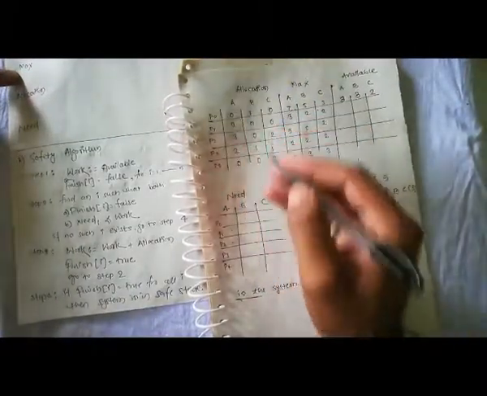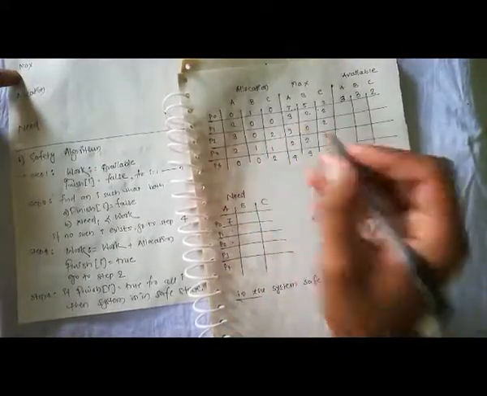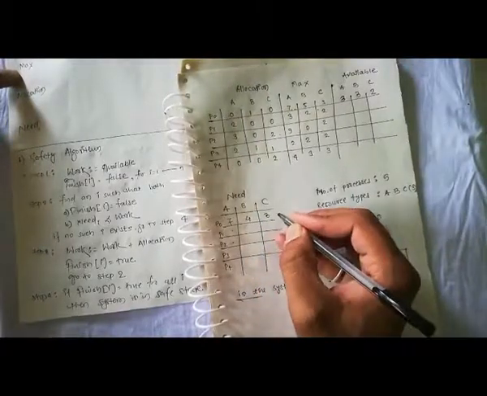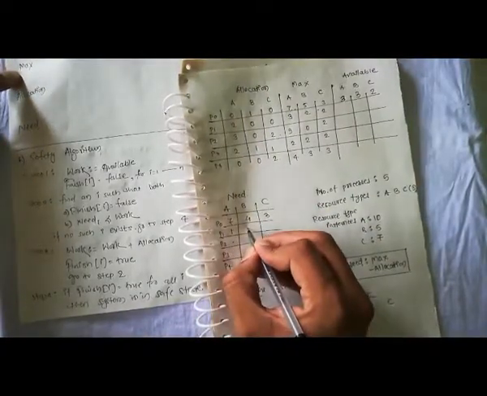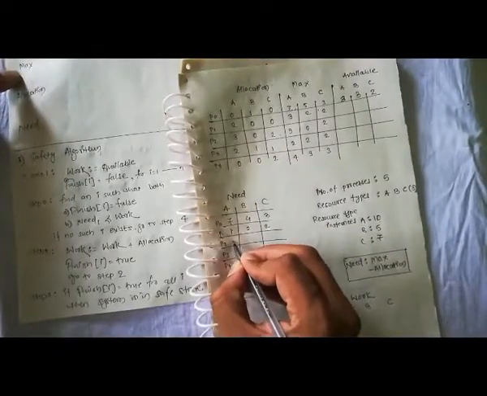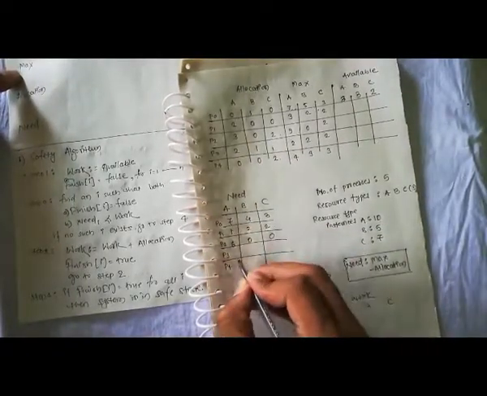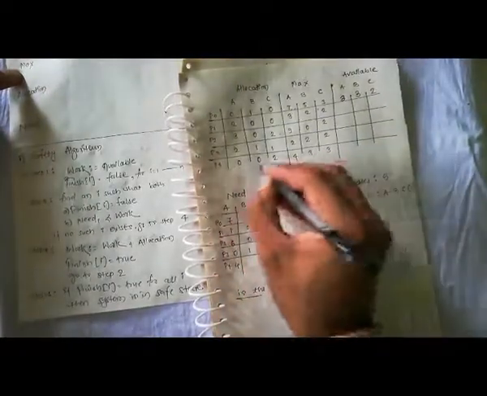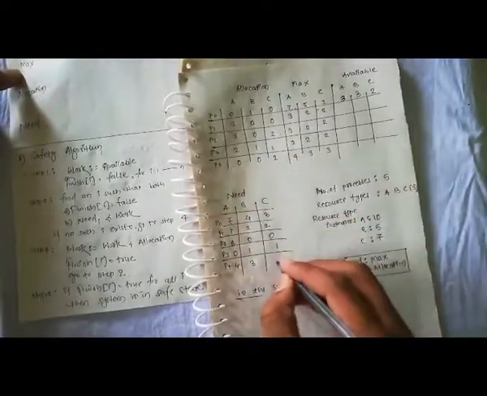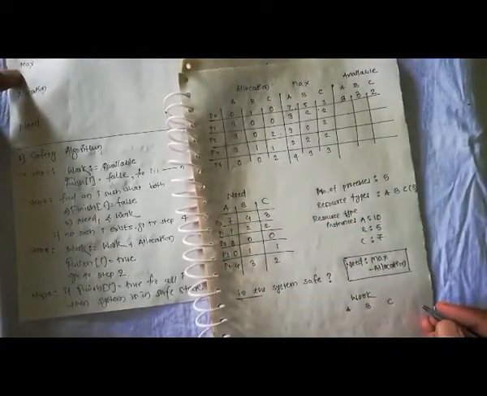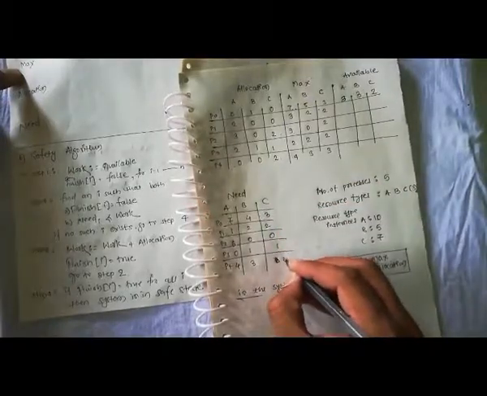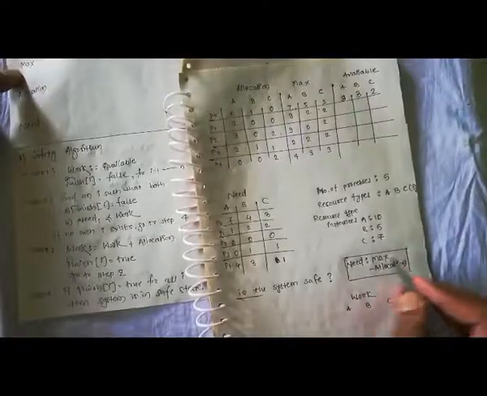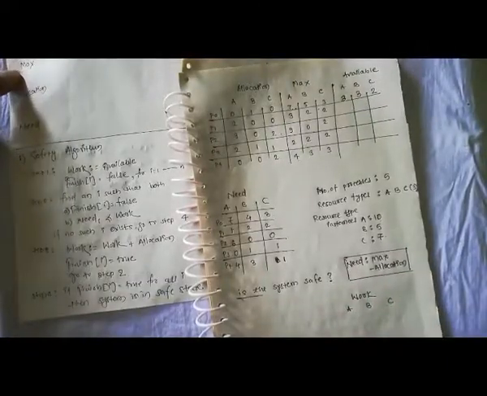So 7 minus 0 remains 7, 5 minus 1 remains 4, 3 minus 0 remains 3. Like this, 4 minus 0 is 4, 3 minus 0 is 3, 3 minus 2 is 1, and 3 minus 2 is 1. So this becomes the new need matrix, calculated from need equals maximum minus allocation.